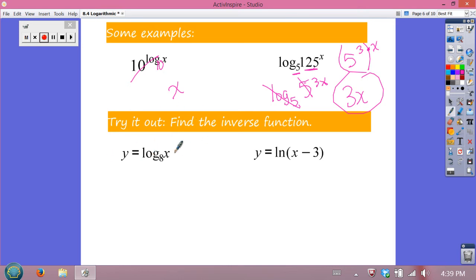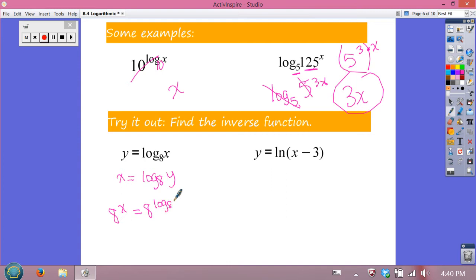Now we're going to try it out and find the inverse function. So if you remember from the definition, you should be able to just see what the inverse function is on this one. But just for good measure, we're going to calculate it out. To find the inverse function, we switch the x and y. So in this one, we get x equals log base 8 of y. And since we have a base 8 here, we want a new base 8, and we bring everything else up to the power.